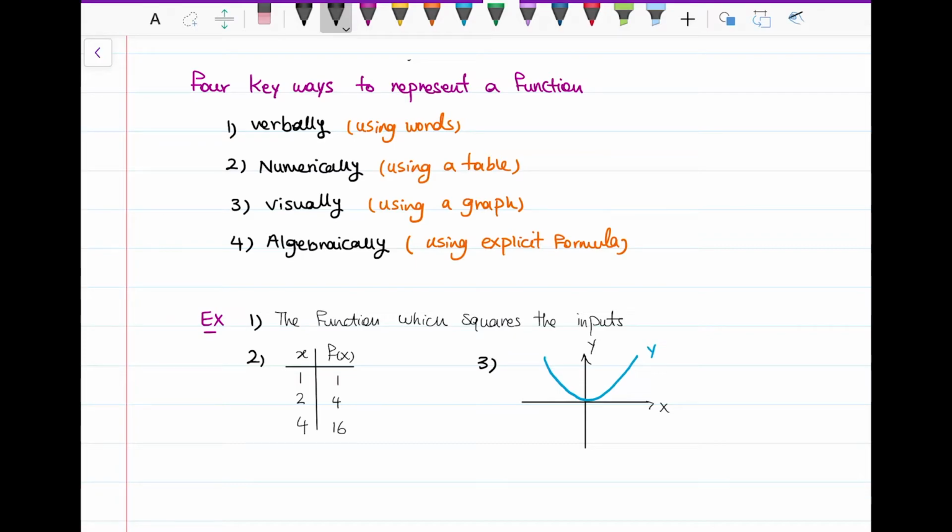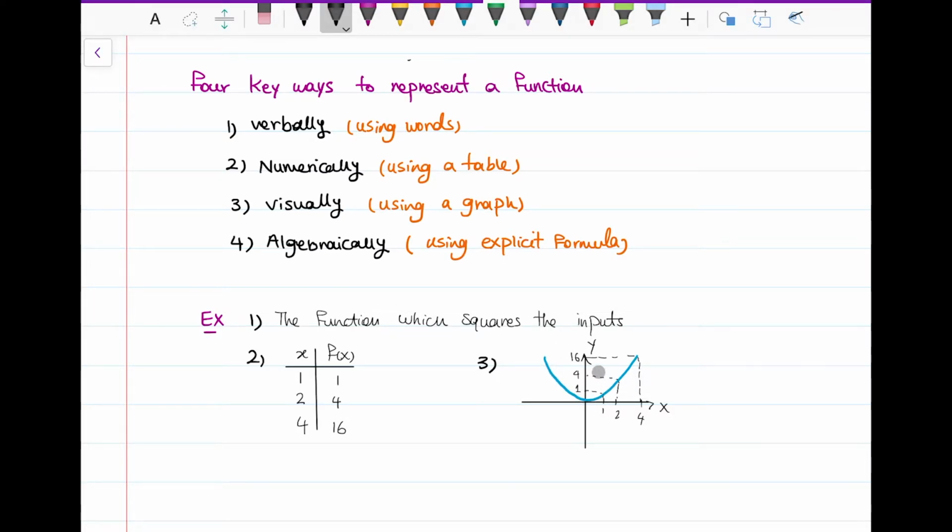This is the x-axis, this is the y-axis. And then, for example, as you see, at 1, I'm going to get 1. At 2, I'm going to get up to 4. This is not a very good scale, but at 4, I'm going to get 16.